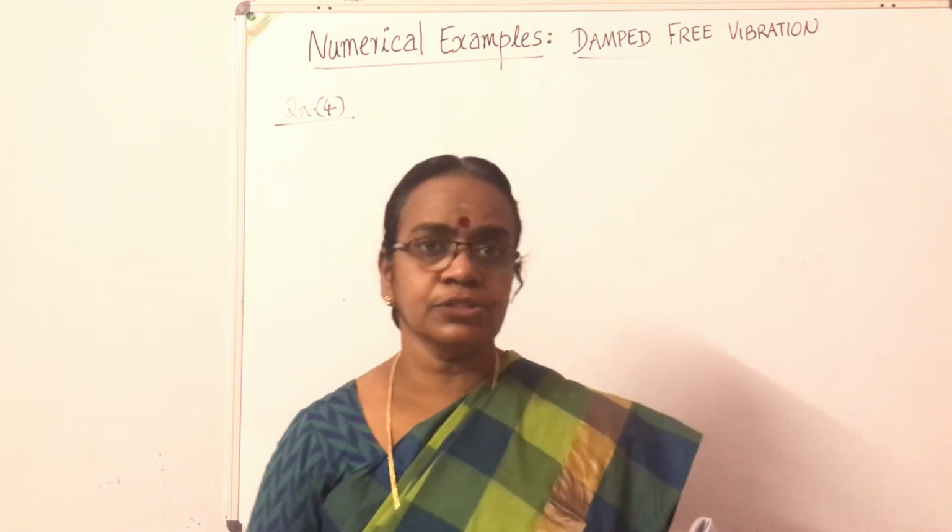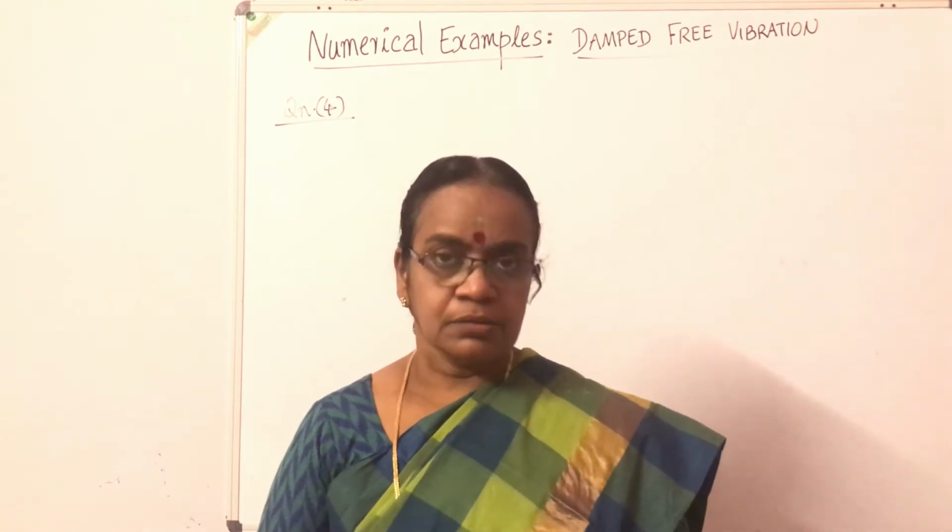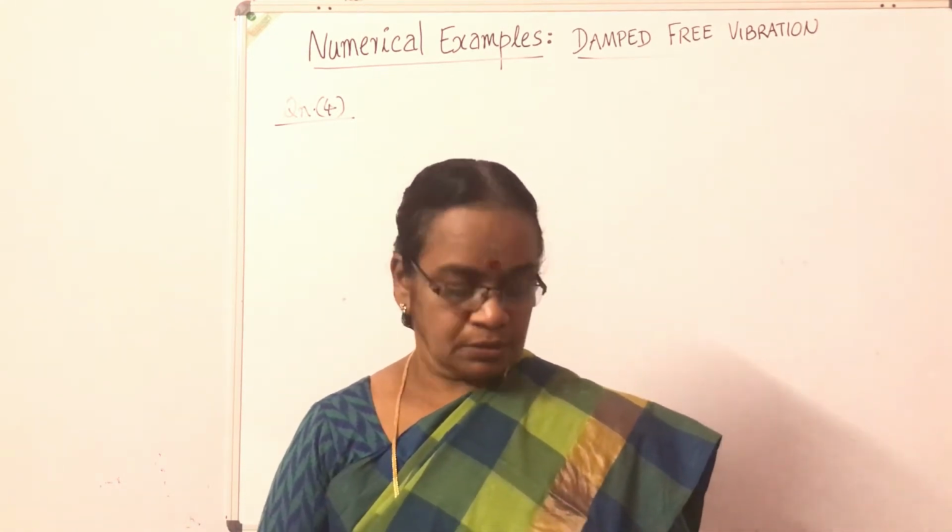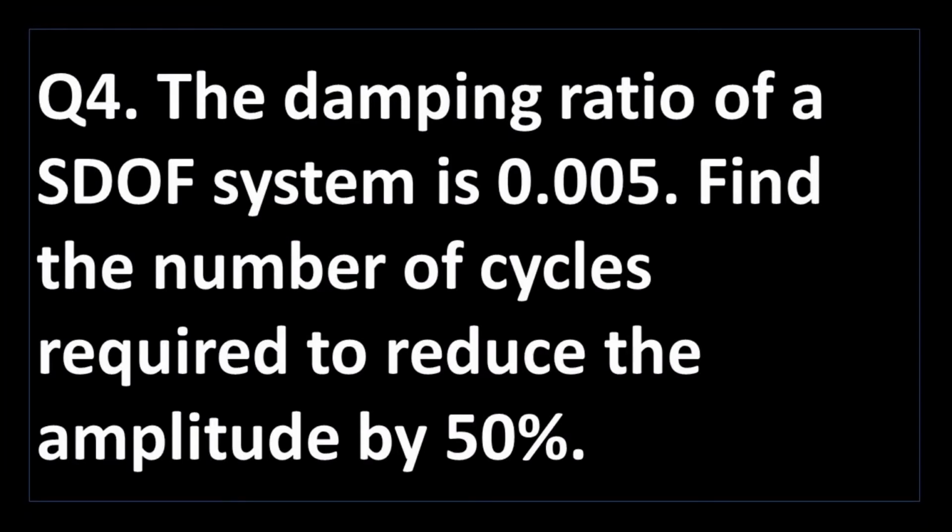So the next question, question number 4, similar to the previous one: the damping ratio of a single degree of freedom system is 0.005. Find the number of cycles required to reduce the amplitude by 50%.